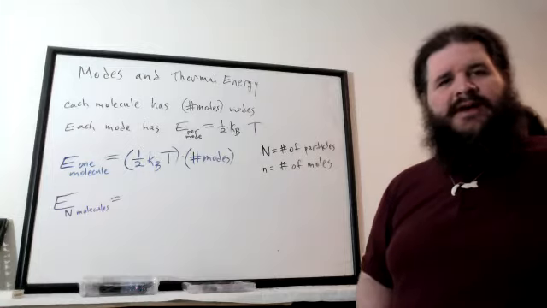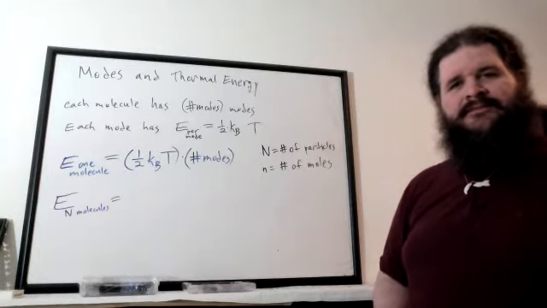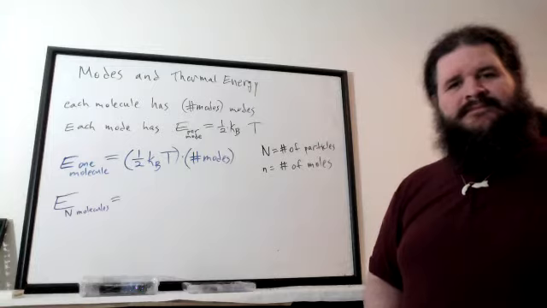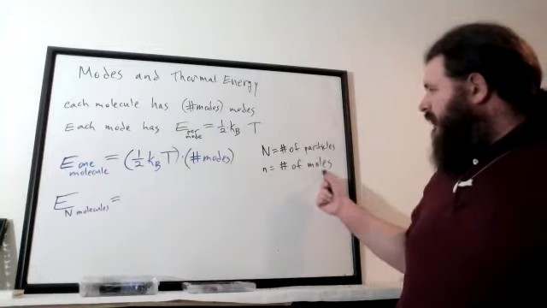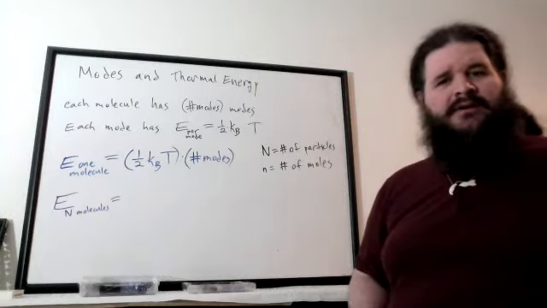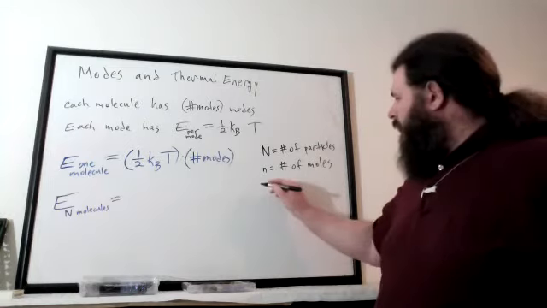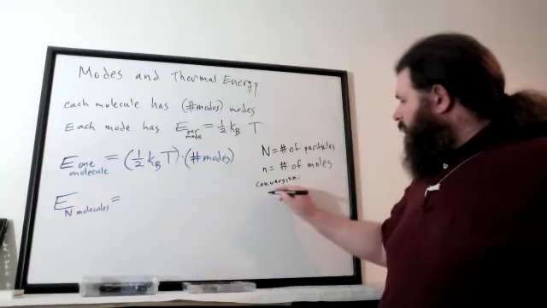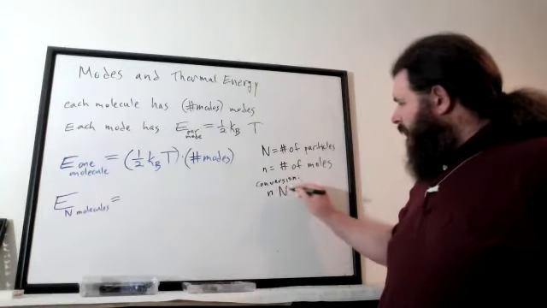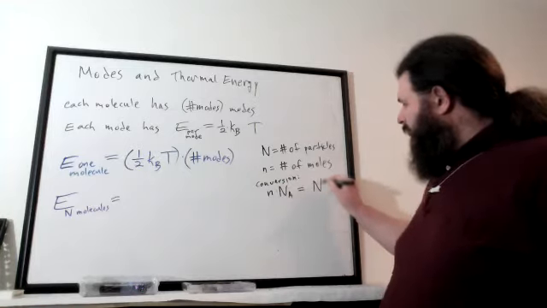And what's the conversion factor between those? Like if you know you've got 5 moles, how would you figure out how many particles? Yeah, multiply by Avogadro's number. So to convert between those, the number of moles times Avogadro's number tells you the number of particles.